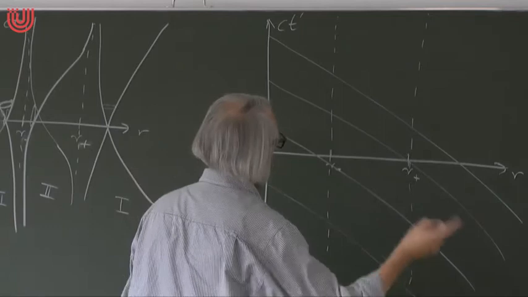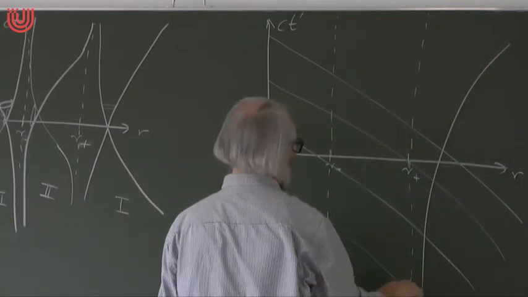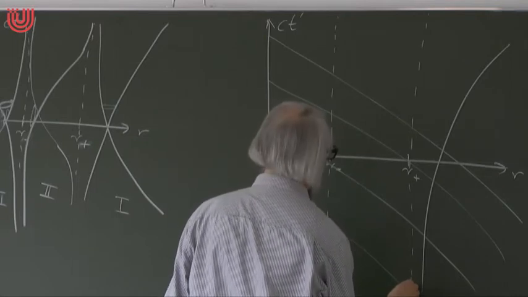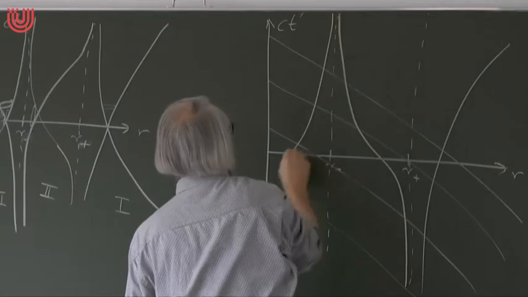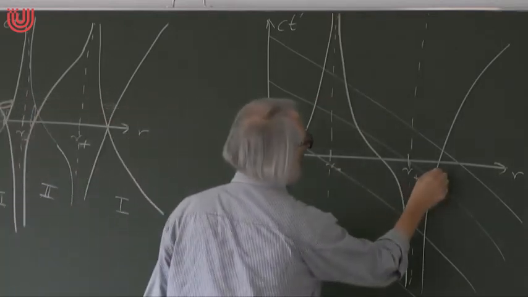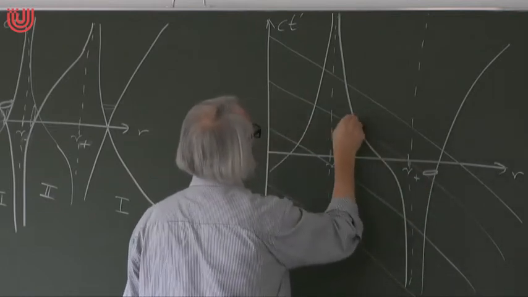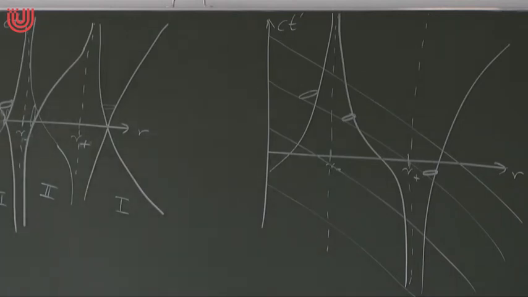These are the outgoing ones, so it begins in this way. Then I am here, so I have to continue in this way, and then in this way. So these are the outgoing ones. And the light cones fit nicely together, here, here, and here. So that's our Reissner-Nordström black hole.